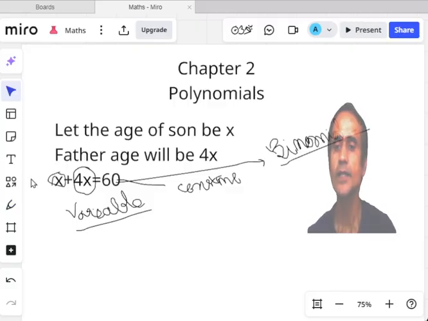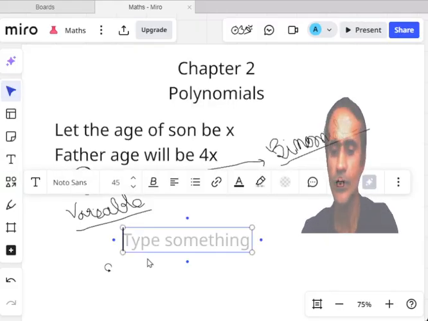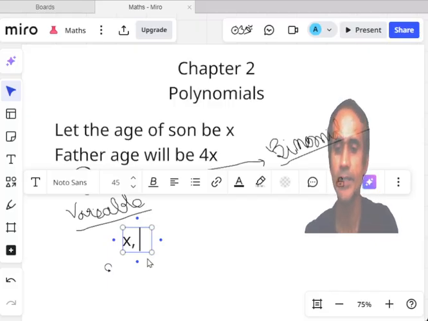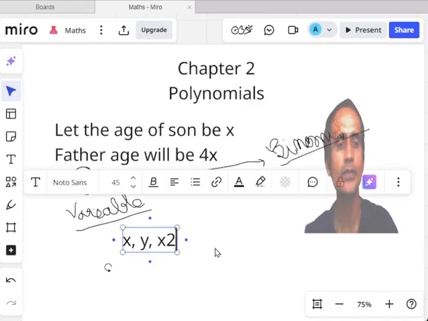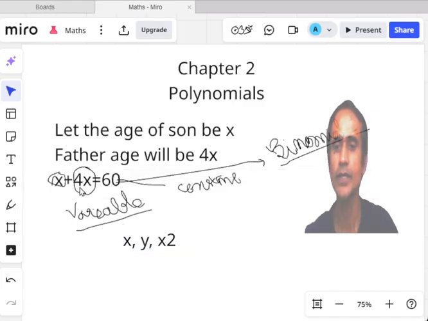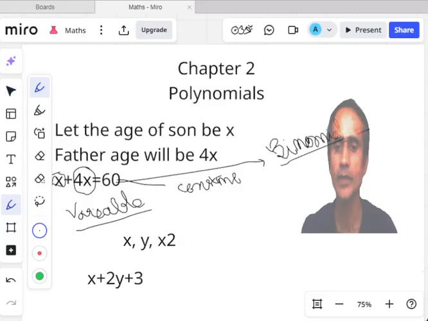The equations which contain two terms are binomial, and the equations which contain only x or y or x square are known as monomial. Equations which contain two terms, like here we have x and a constant, are binomial, and an equation which contains more than two terms, three terms, is known as trinomial.